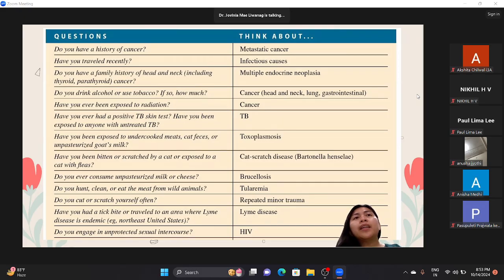If the patient has ever been exposed to radiation, maybe it's cancer. If the patient had a positive TB skin test or the PPD, you will think about tuberculosis. If the patient engaged in unprotected sexual intercourse, maybe it's HIV or human immunodeficiency virus.